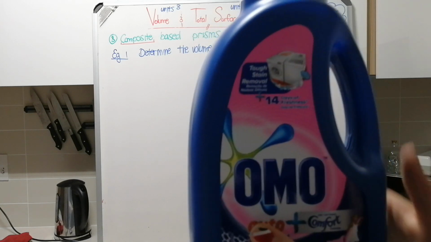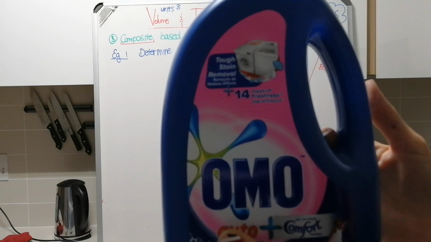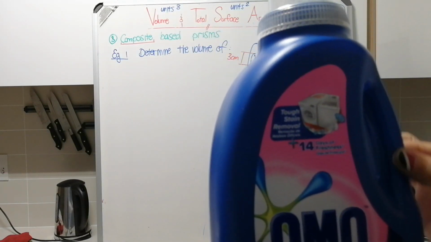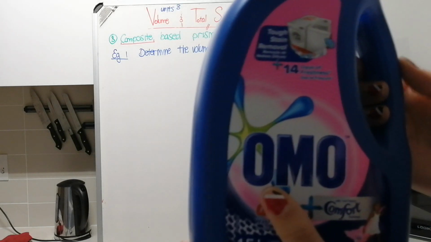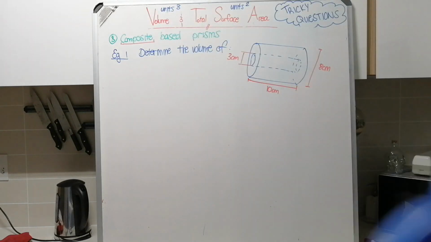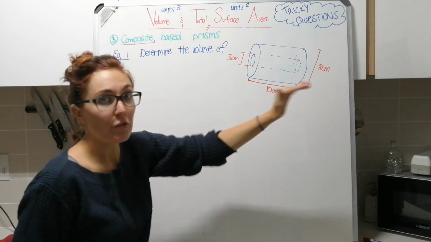When you talk about the volume of this Omo bottle, I'm not talking about the volume of the hole. I'm talking about the volume of what can fit inside it, including what can go up in the handle, because there is liquid in this handle. But we're not talking about the volume of the hole. We're talking about the volume of the container, not the volume of the hole.